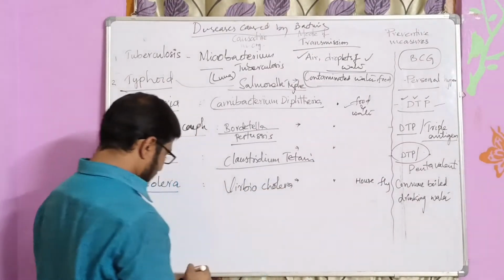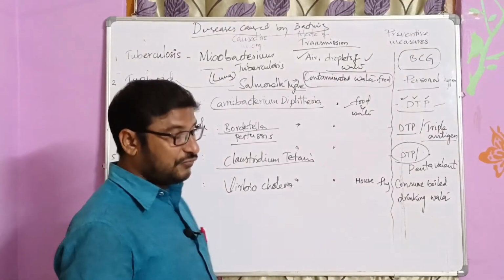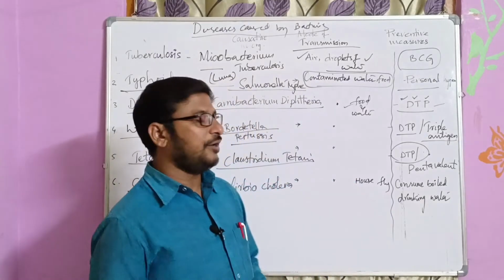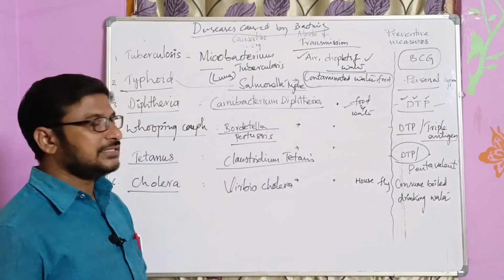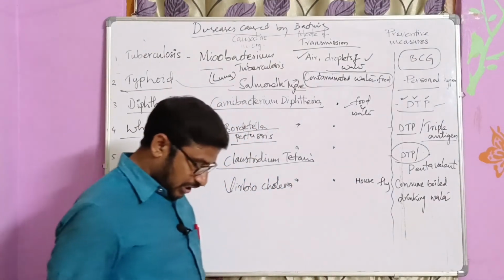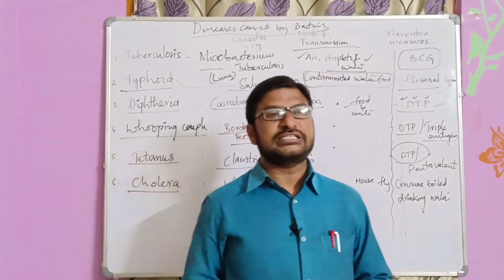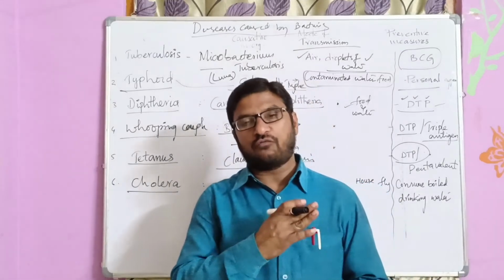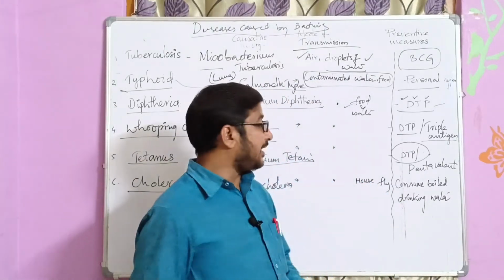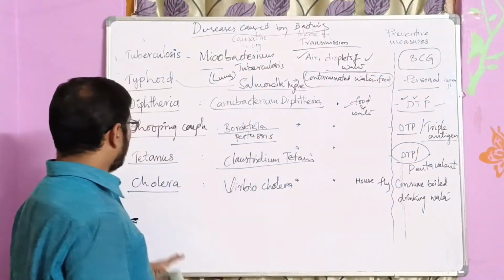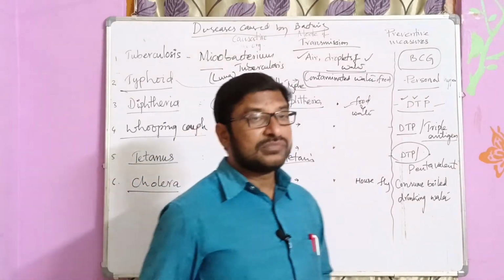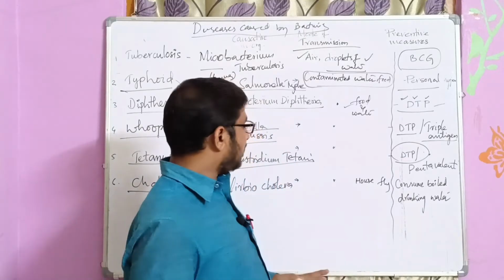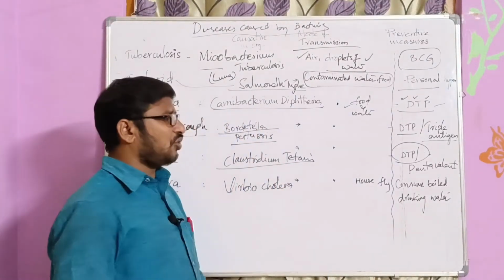Cholera is a very dreadful and dangerous disease. A century ago, it was a very dreadful disease; villages and towns were washed out by it. In cholera there is dysentery, motions, vomiting, and weakness because of the Vibrio cholerae bacteria.